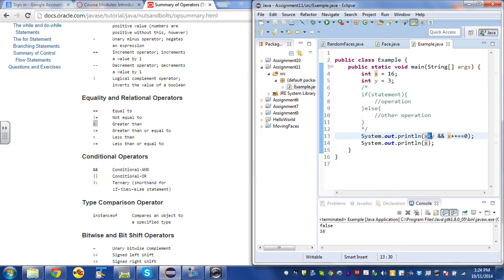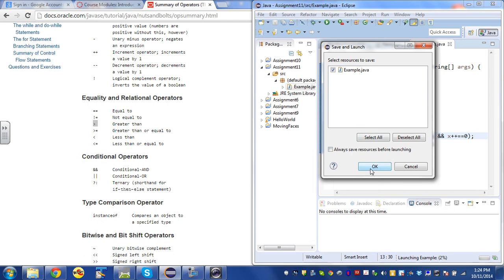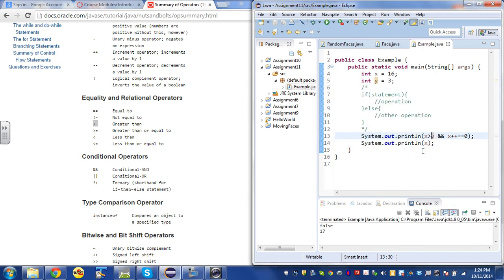However, if I flip the sign of this, the whole expression is still false, but x greater than y. That's true. X is bigger than y. And, well, the whole expression might be true, and so Java then has to evaluate this part. It ends up adding 1 to x, and then figuring out that, well, it evaluates this as false and adds 1 to x.